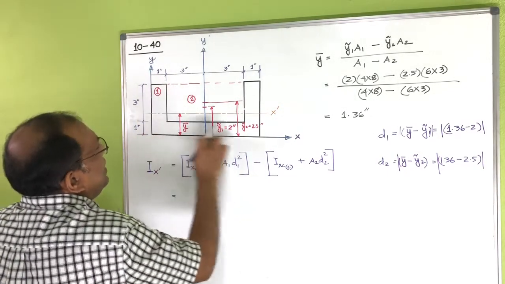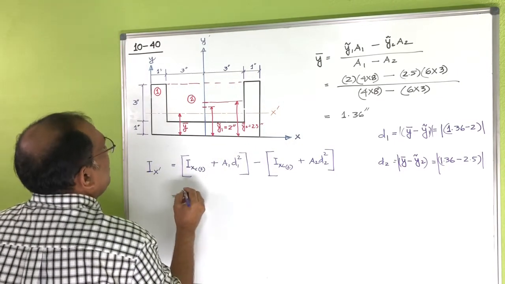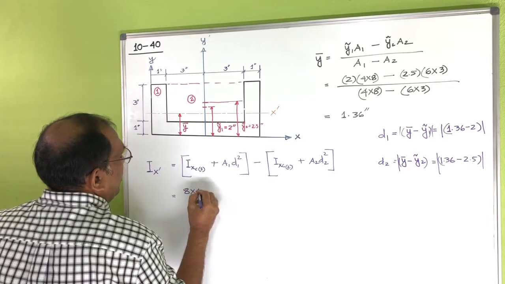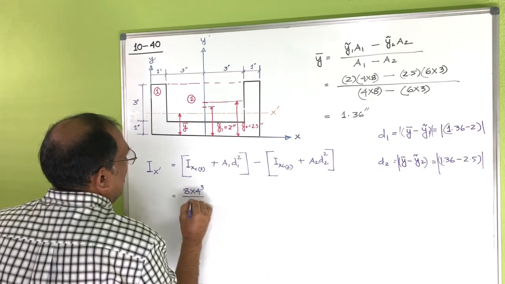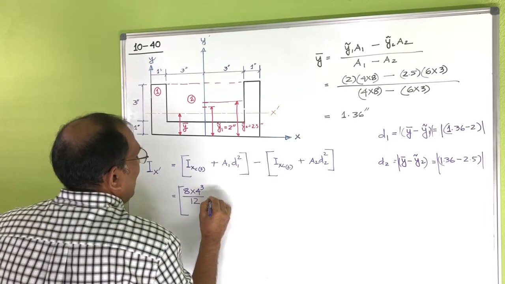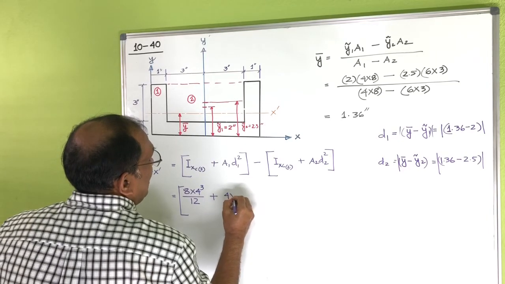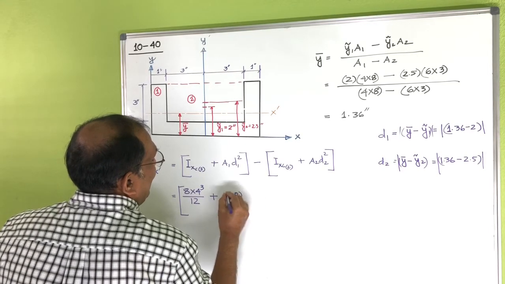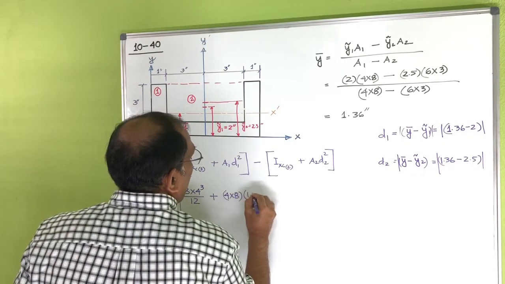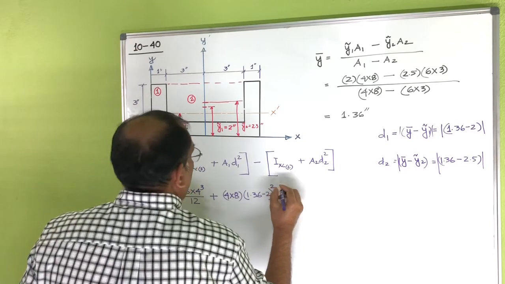Now we can plug that value here. For this big rectangle, that would be b h cubed by 12, so 8 into 4 cubed divided by 12, plus A d1 square. A is 4 into 8, and d1 square is 1.36 minus 2 squared.